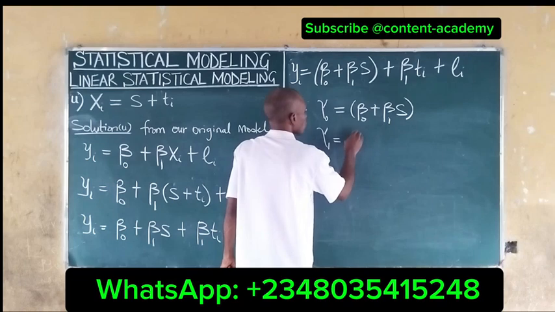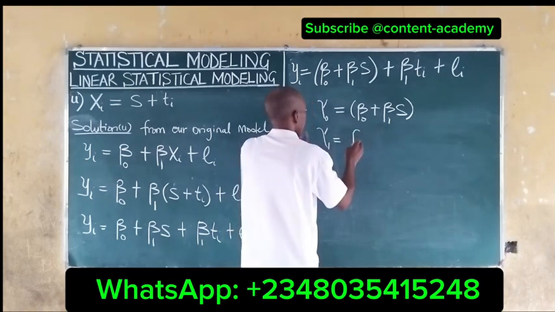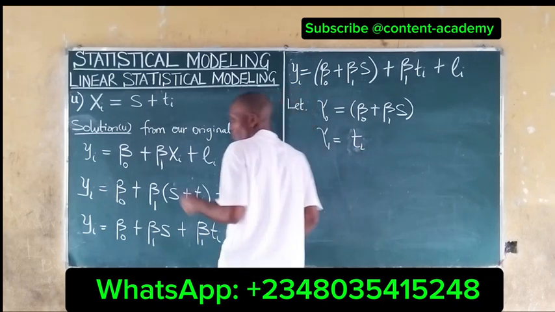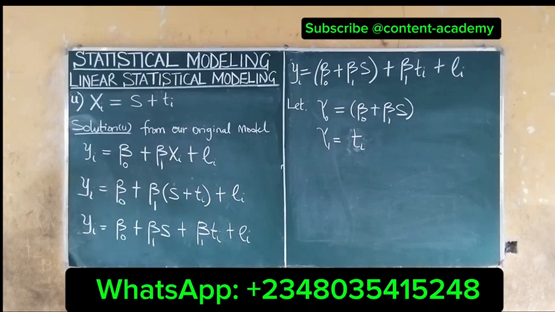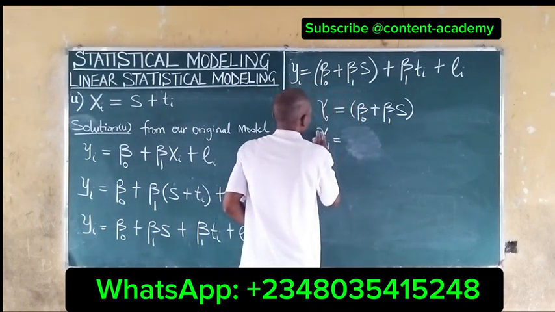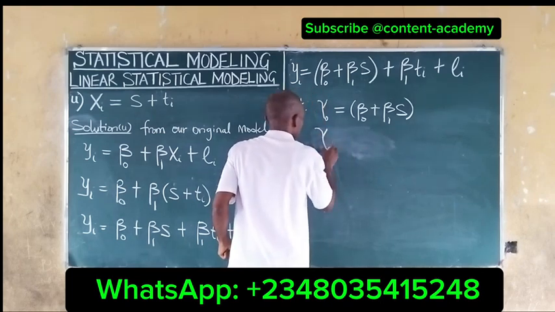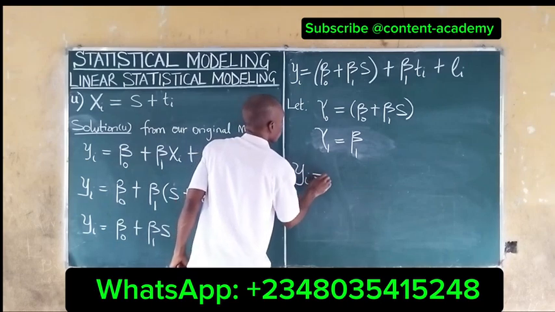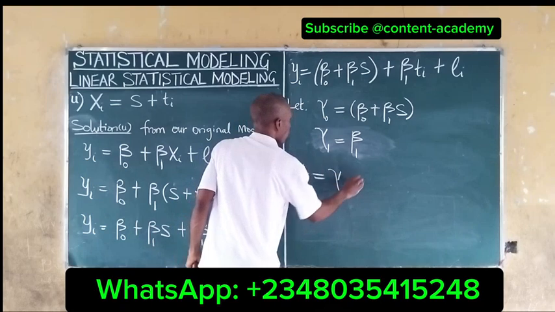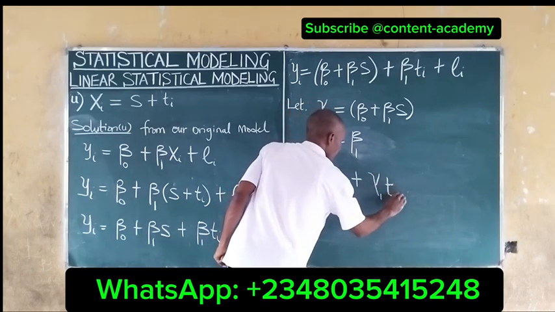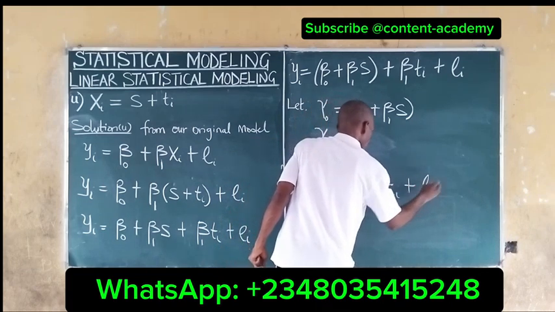And let this sign be equal to b1. So we can write our y_i to be equal to y naught plus y1 t_i plus e_i.